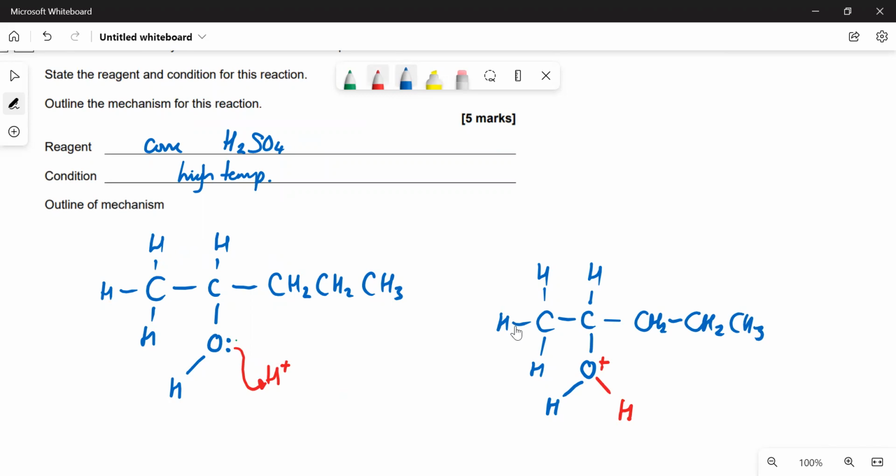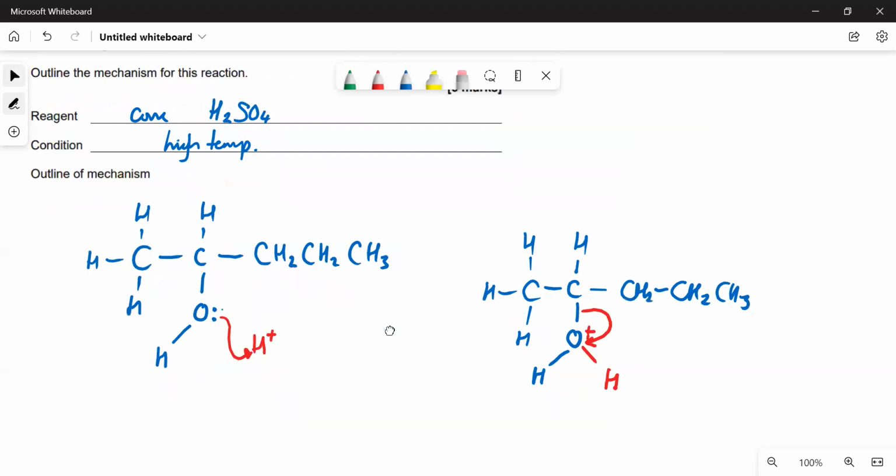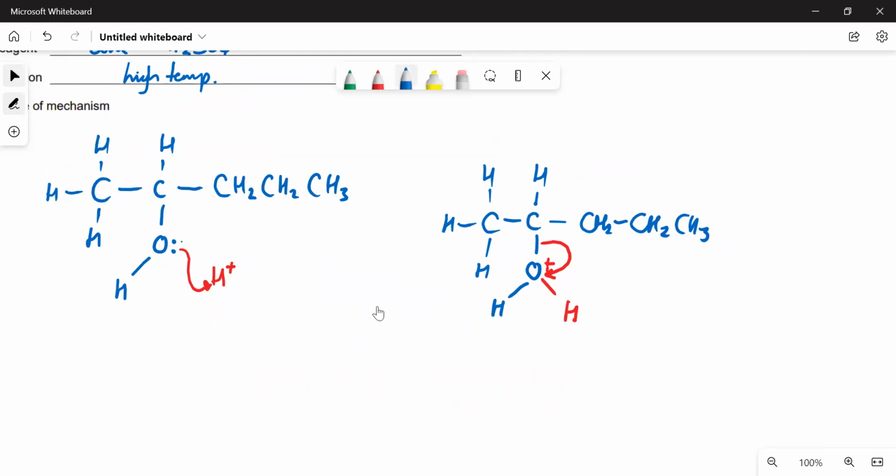So that pair of electrons in that bond is going to go onto the oxygen, and that is going to leave us with a carbocation behind.